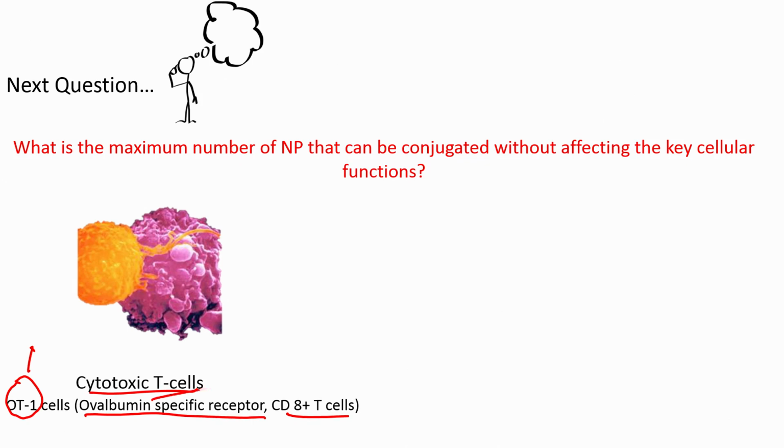So, ovalbumin is a protein antigen, and in this particular example they are using a mutated mouse in which all the CD8 positive T cells have an ovalbumin specific receptor. So, they will be able to bind to ovalbumin and get activated.